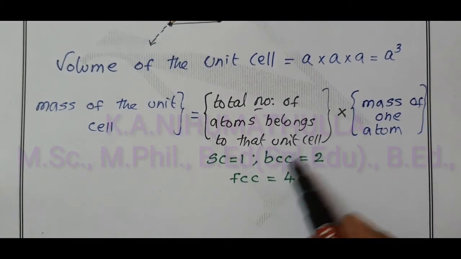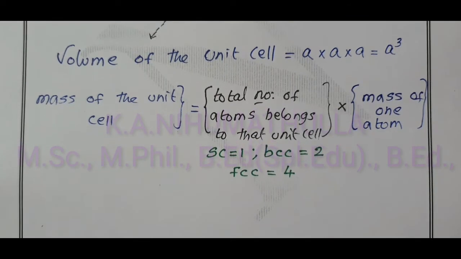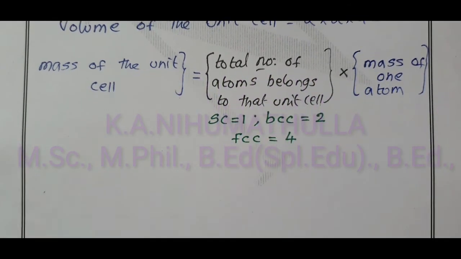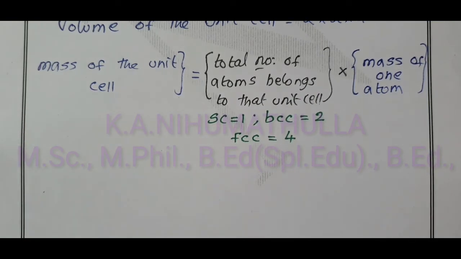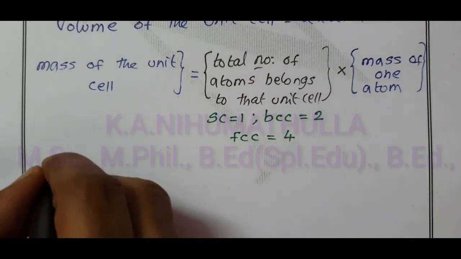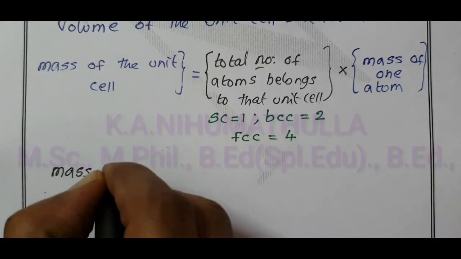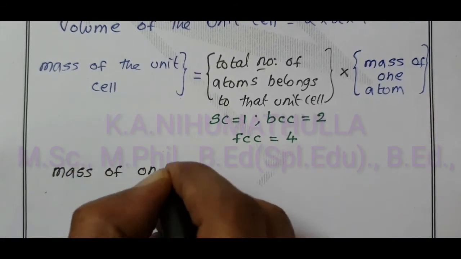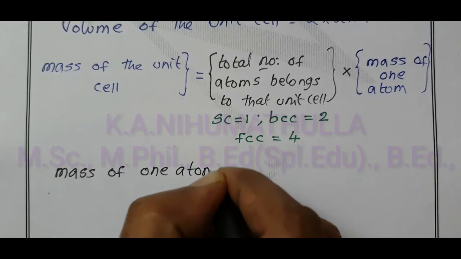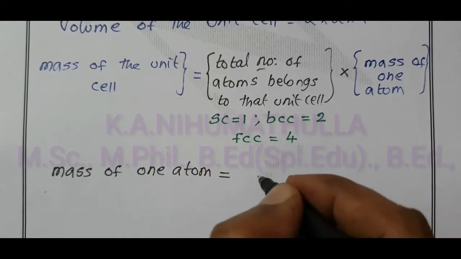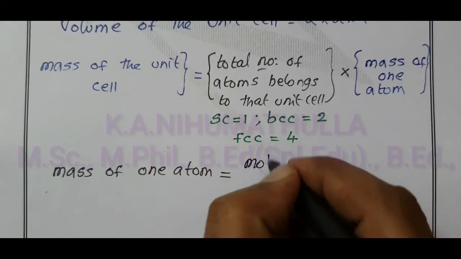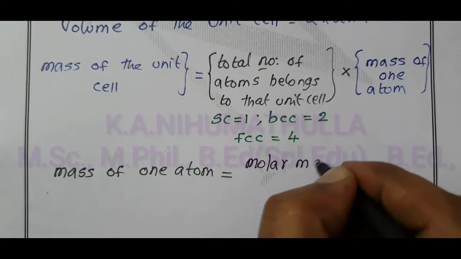Now we know this value, but how to calculate mass of one atom? There is one more formula to calculate mass of one atom. Shall I write? Mass of one atom is equal to molar mass divided by Avogadro number. You know what is meant by molar mass?